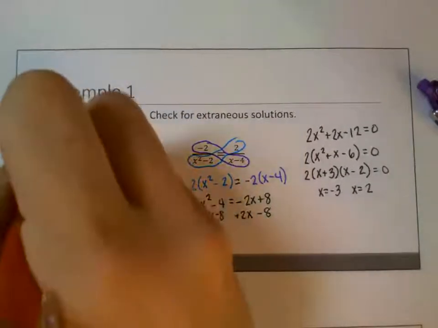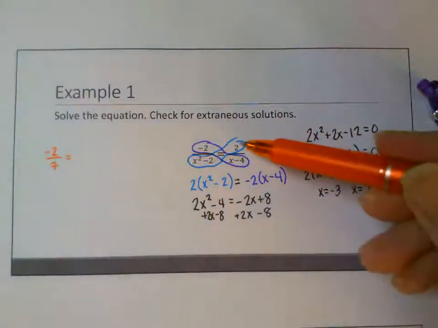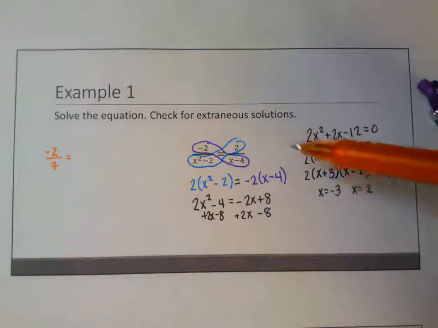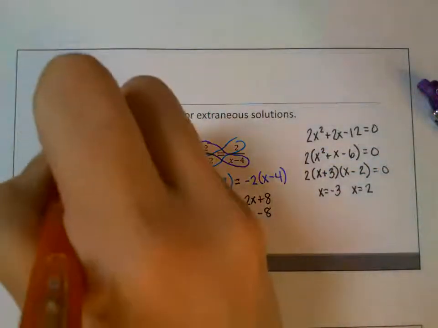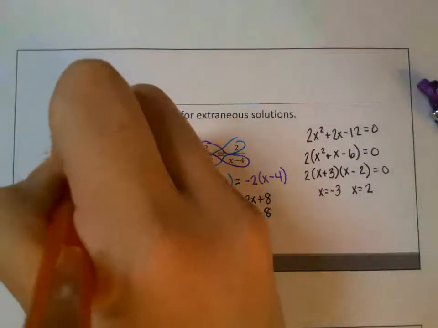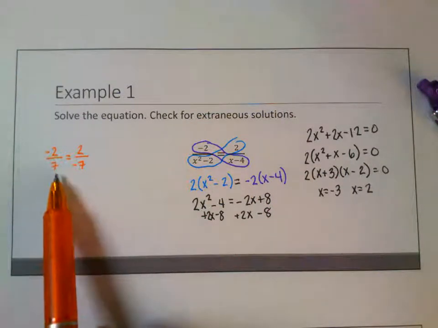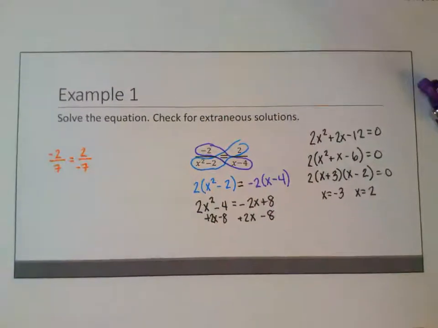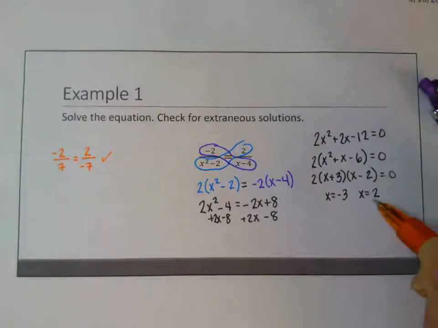So for that first one, I would have negative 2 over 7. Then I would have 2 over negative 3 minus 4, which would be negative 7. So I've got 2 over negative 7. Now, remember that with fractions, it doesn't matter if the negative's in the numerator or denominator. As long as there's only one, it's the same thing. So that answer works. Let's plug in 2.